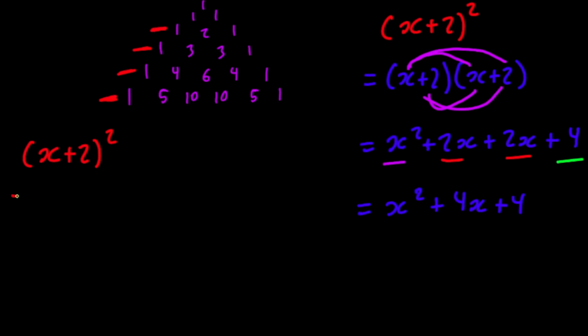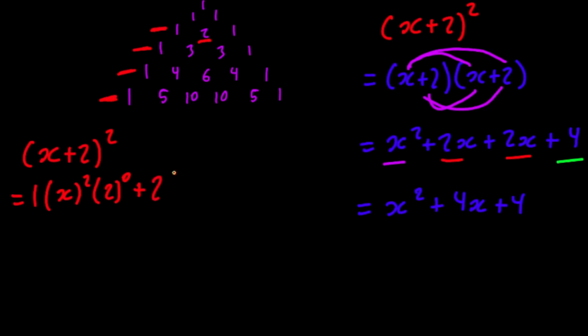So we start off with 1 multiplied by x power of 2 multiplied by 2 power of 0. And then we write a plus sign, and then we have the second number, which is 2.